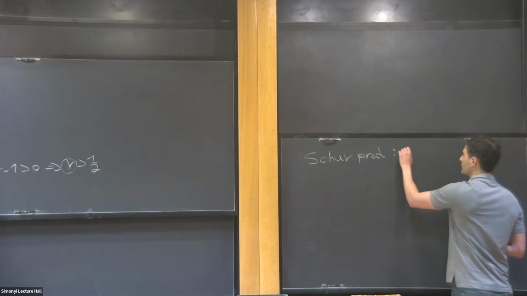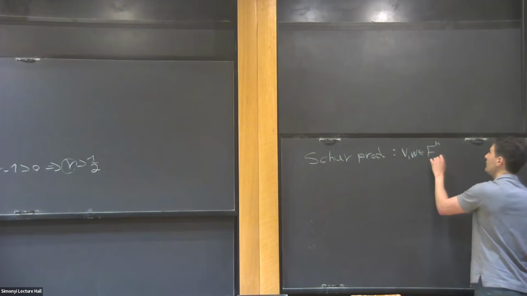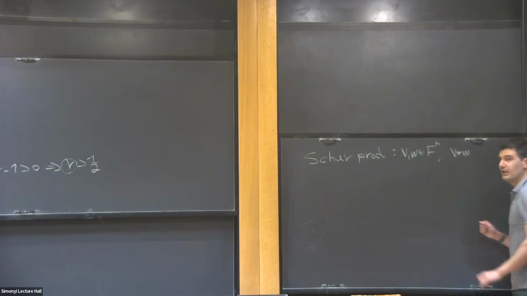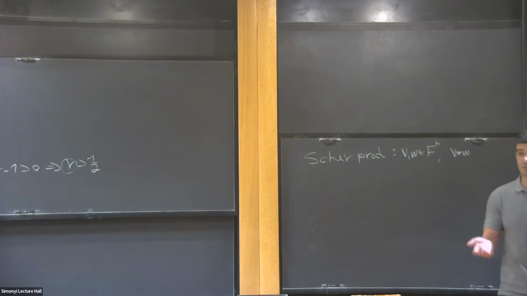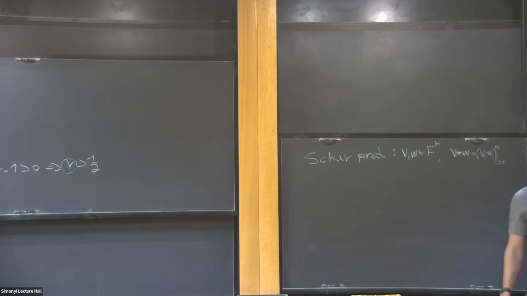If you take two vectors v and w in F^n, their Schur product, also called the coordinate-wise product or Hadamard product, is just, as it sounds, the coordinate-wise product. So you take v_i times w_i, for i going from 1 to n. So you just multiply coordinate-wise.